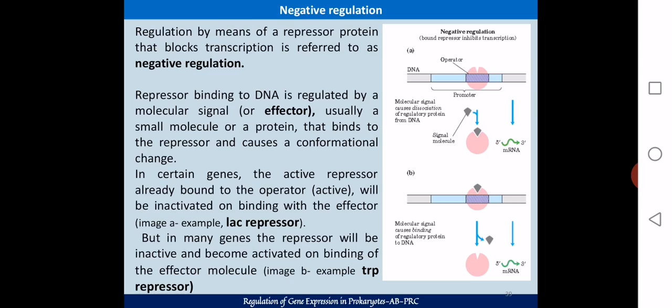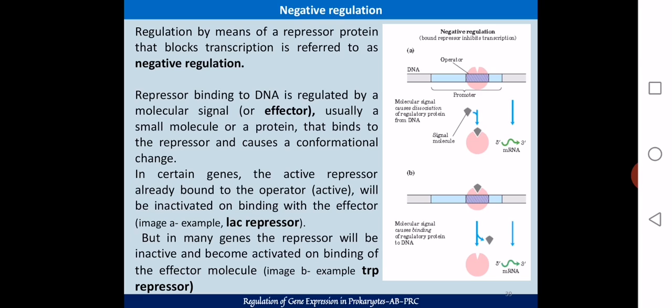In case of the trp operon, the repressor is synthesized in the inactive state, and this inactive repressor is activated by interaction with a co-repressor called tryptophan. So this tryptophan-repressor complex, which is now an active repressor, will bind to the operator, and this will prevent transcription of structural genes in the trp operon.